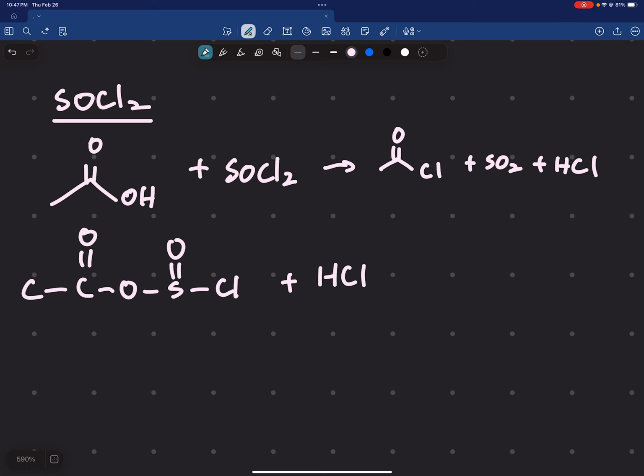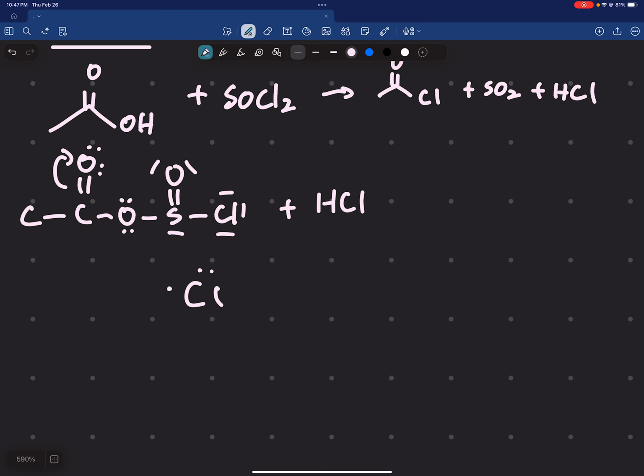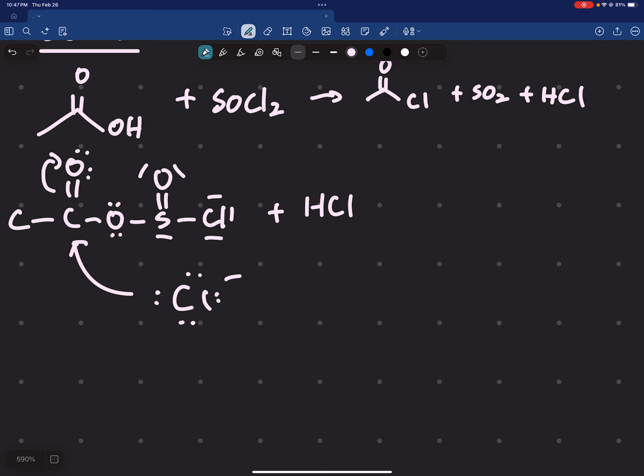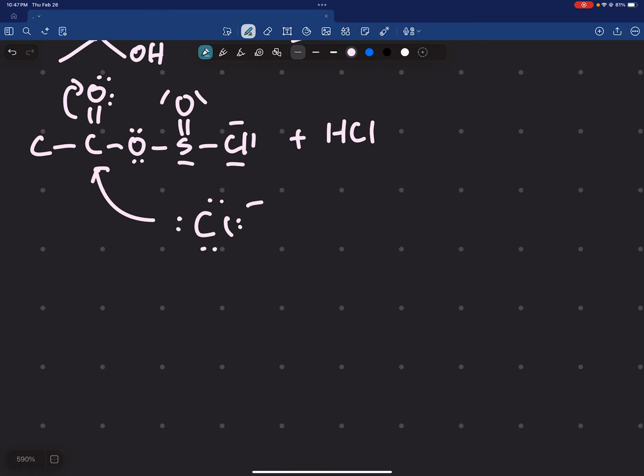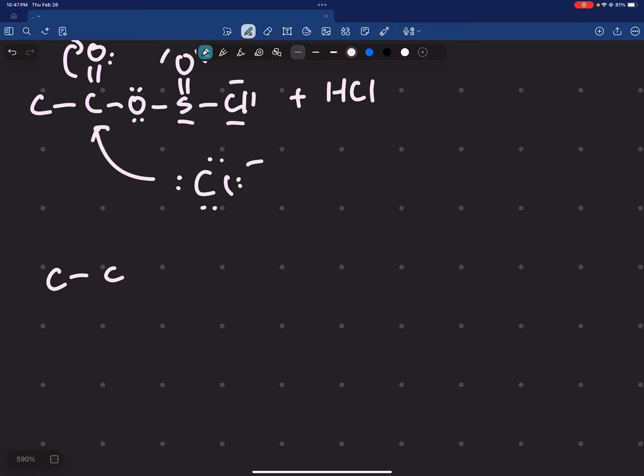So, this is going to go there, and a chlorine is going to come in. Chloride ion is going to come in and perform a nucleophilic attack on that carbon, and it's going to form a bond with that carbon and form an intermediate that looks like this.